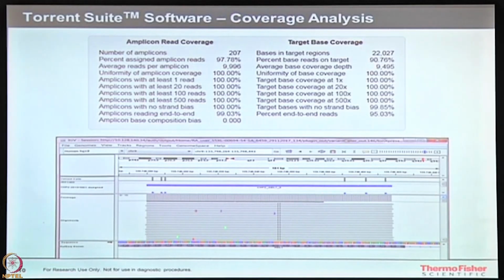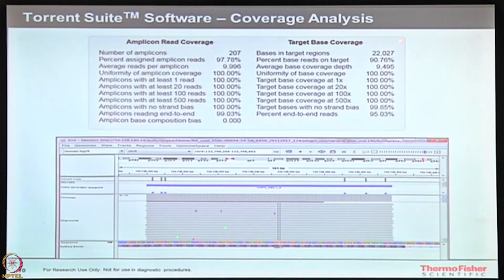I just wanted to know how many of my reads or bases are actually on target, aligning to my BRCA region or the CHP panel region. So 90% of my bases are actually aligning to my region of interest in the cancer hotspot panel.